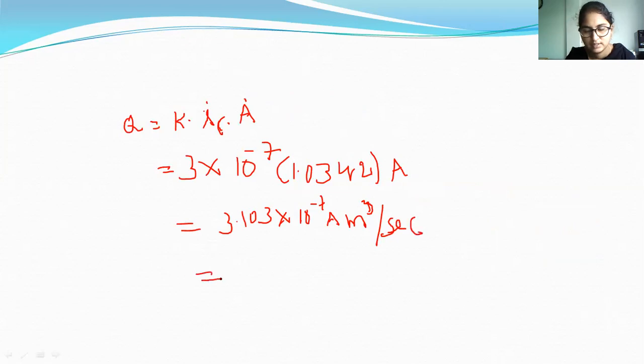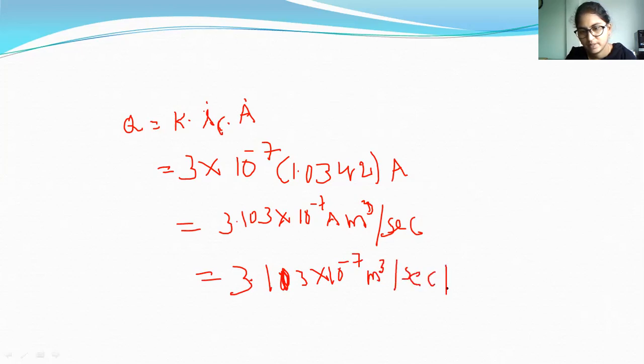Now change it as 3.103 into 10 to the power of minus 7 meter cube per second per meter square.